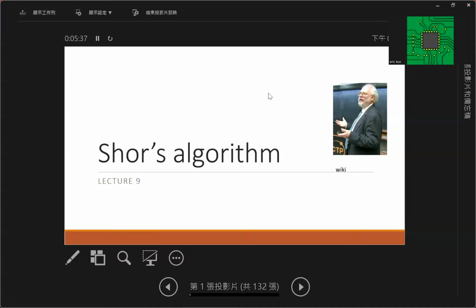And one of the members of this committee was Peter Shor. I think he's an MIT professor now, but at that time he was just a member of the committee.